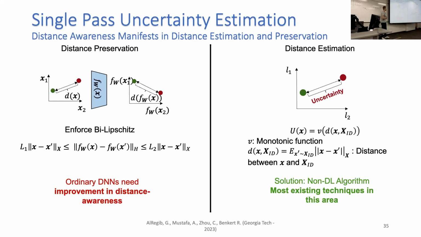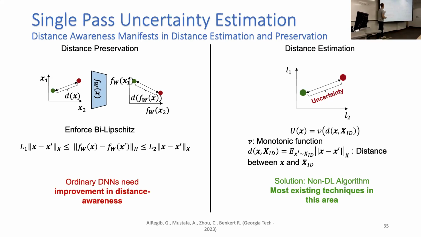A way to do this is to enforce a mathematical property called bi-Lipschitz. What bi-Lipschitz functions essentially are: given some kind of input distance x over here, you force the model output distance for these two points to follow upper and lower bounds.